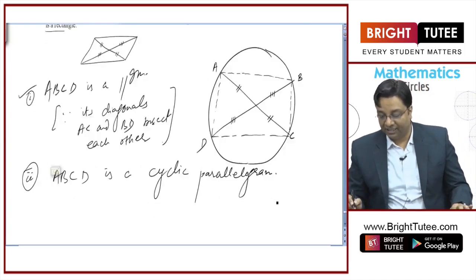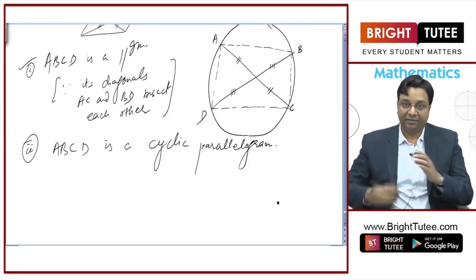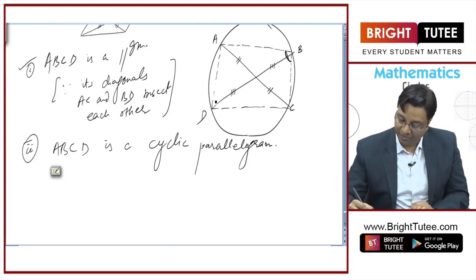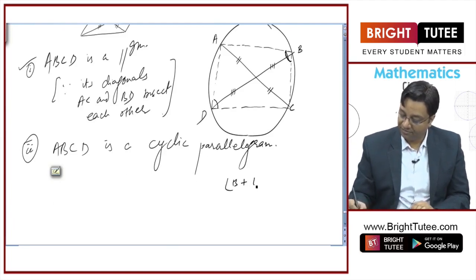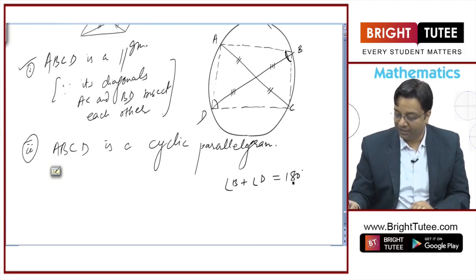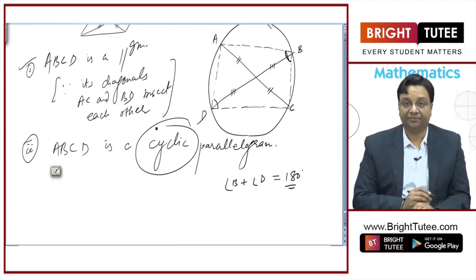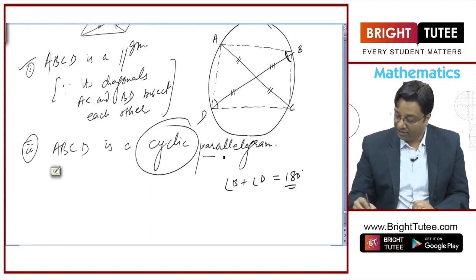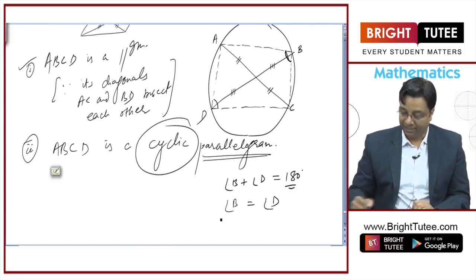What is the beauty of a cyclic parallelogram? Let me tell you by comparing these. Angle B plus angle D, can you tell me their sum? Their sum will be equal to 180 degrees. Why? Because it is cyclic, and opposite angles of a cyclic quadrilateral are supplementary. Now it is a parallelogram, so angle B will be equal to angle D, right?